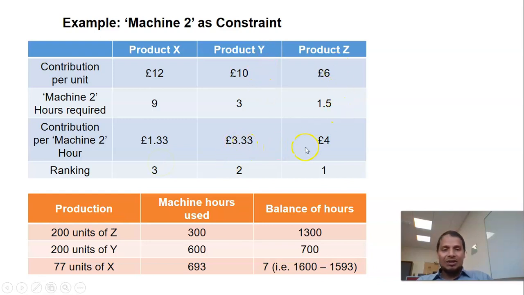If you produce Z, you'll get this. So obviously, product Z will be the first preference, product Y the second preference, and product X the third preference. Now see how many of products X, Y, and Z you can produce based on the limiting resource, machine 2. Remember how many hours you have available: 1600.